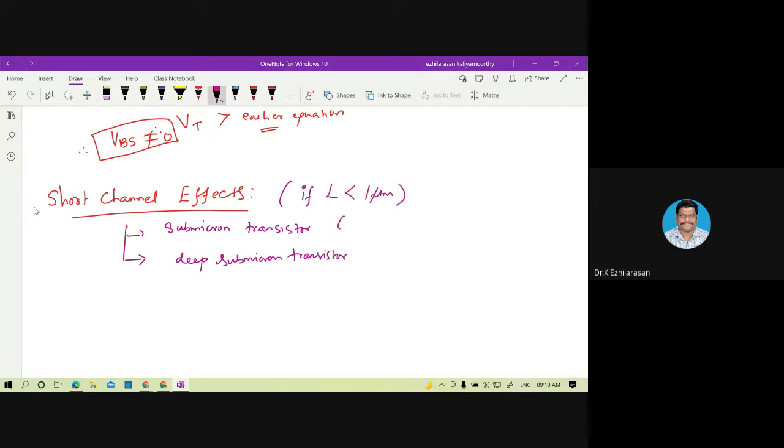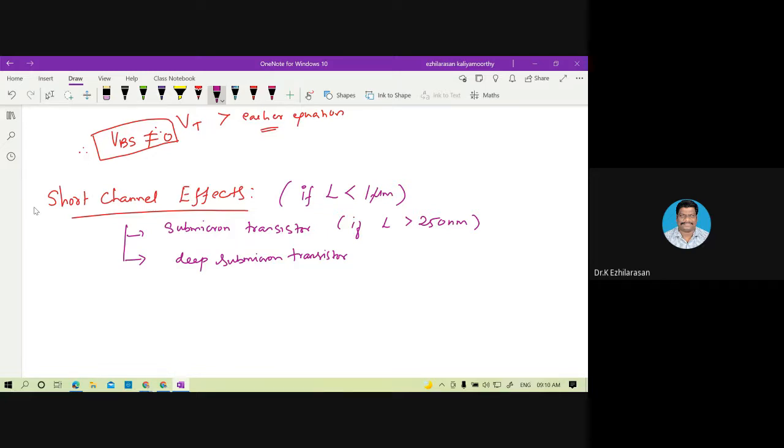Why? Because if L is greater than 250 nanometer, if the length of the transistor is greater than 250 nanometer, then we can call it a submicron transistor. It is not so important, meaning there will not be much short channel effect.